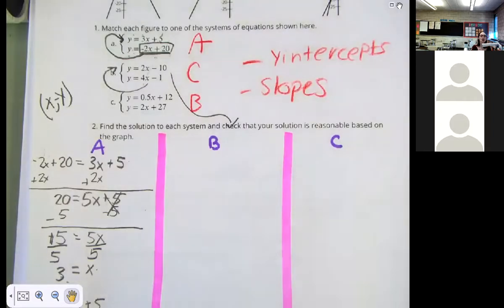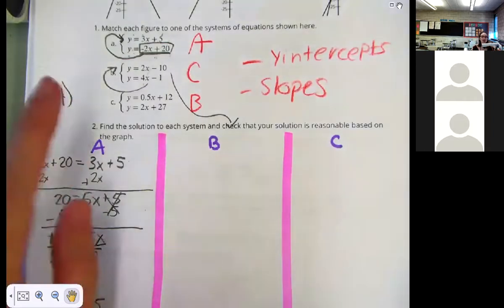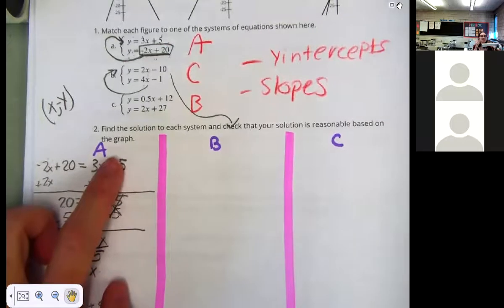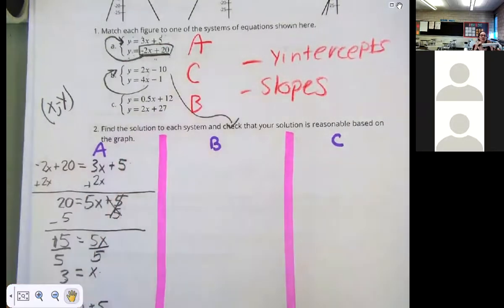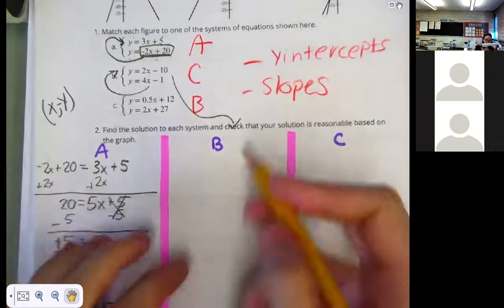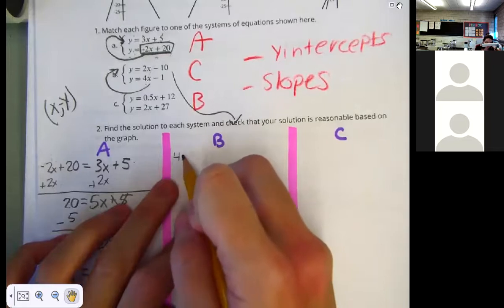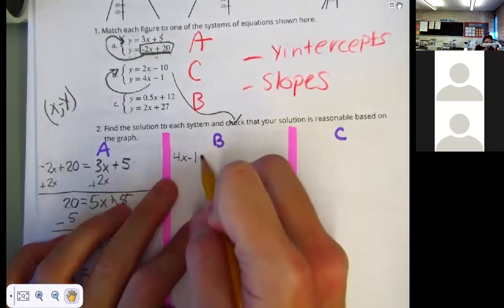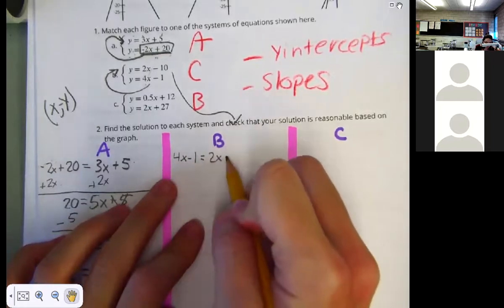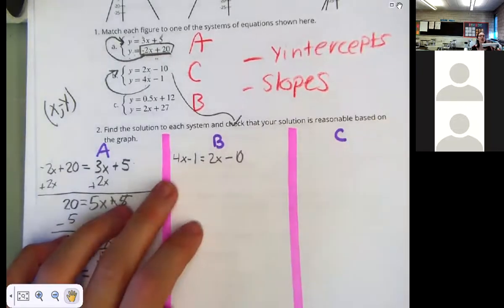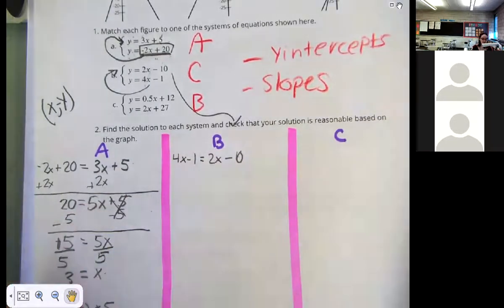Okay, fantastic. So if we were to write it, Ian and Gwen both did it, and they actually wrote it 2 different ways, but it still works. So I'm going to write it the first way that Gwen wrote it. Gwen wrote it as 4x minus 1 is equal to 2x minus 10. Another way that you can write it, you can sort of flip-flop it.